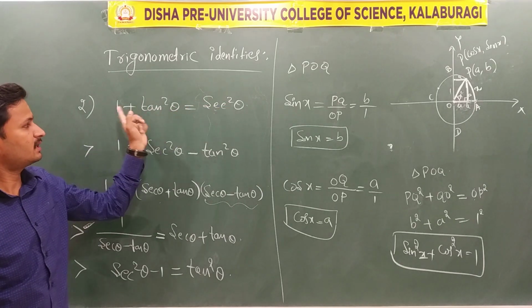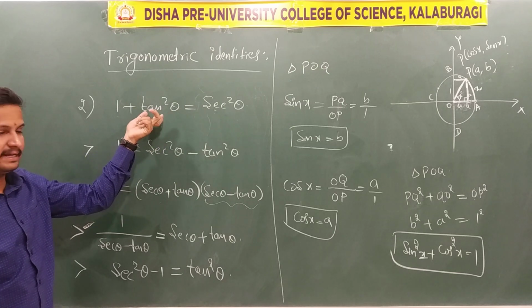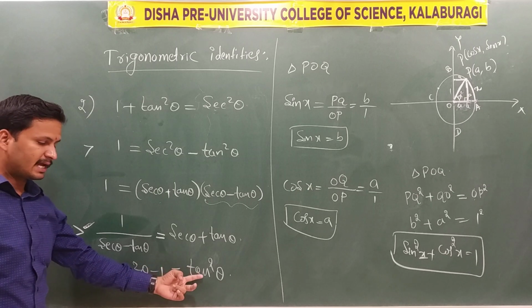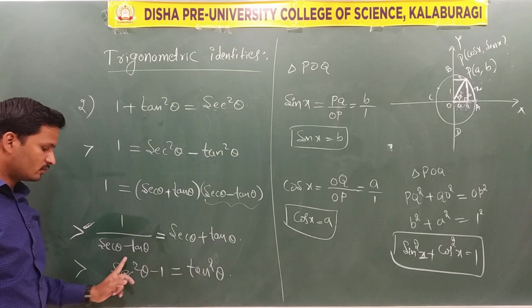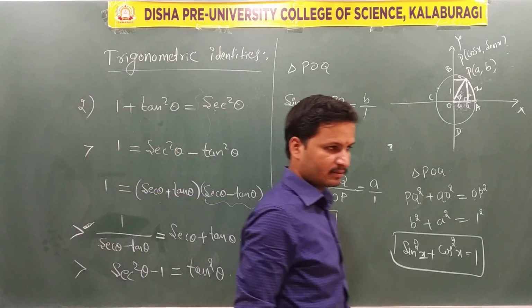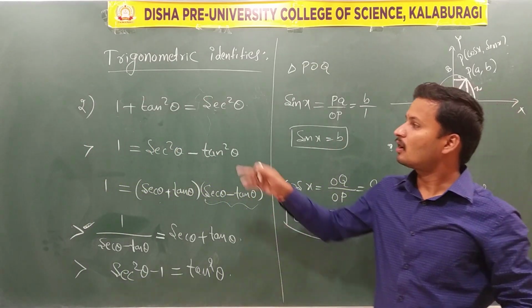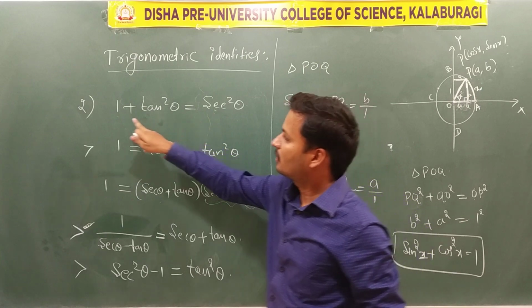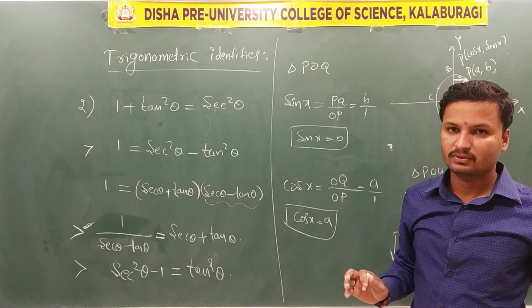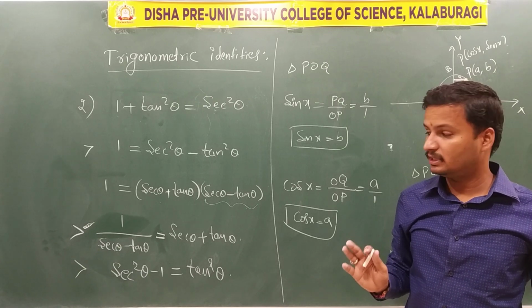So secant square theta minus 1 is equal to tan square theta. Then tan theta is equal to under root of secant square theta minus 1. Very important. Or secant theta is equal to under root of 1 plus tan square theta. So conversion is very important, please.